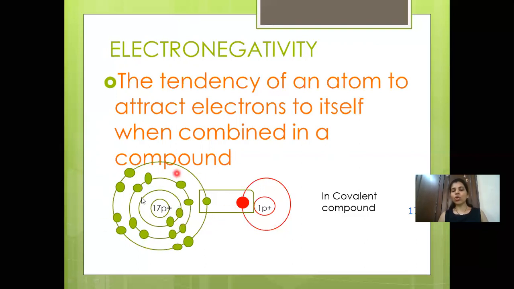So here I have drawn chlorine and here I have drawn hydrogen. So hydrogen, as you can see, has one electron in the outermost shell, and for chlorine, you can see 17p plus I have written in the nucleus, 17 protons. So first orbit 2, second orbit 8, and third orbit 7. So it wants one electron to have the complete octet state.